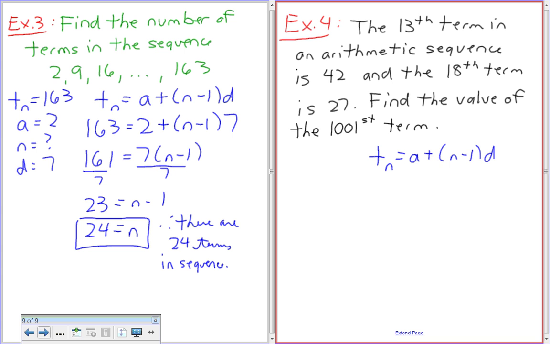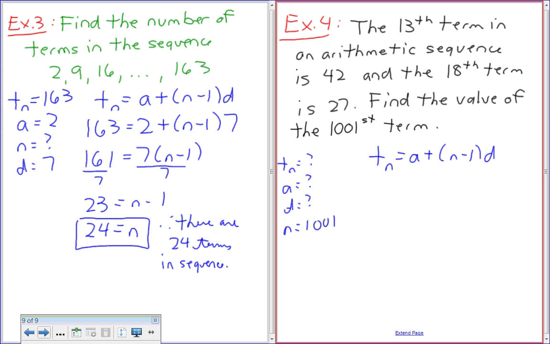Tn we're not going to know. That's all we know right now. Like if we're going along there, all we know is Tn we don't know, A we don't know, D we don't know, and n we know is 1,001. Any ideas for how I could get A or D?